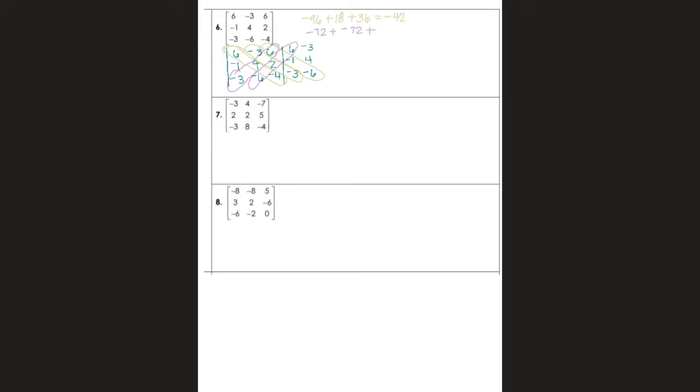Plus, and then our last one, that's going to be negative 12. And so all that together should be negative 156. And again, it's downs minus ups. So you're going to have your negative 42 minus a negative 156. And so that's going to give you 114.